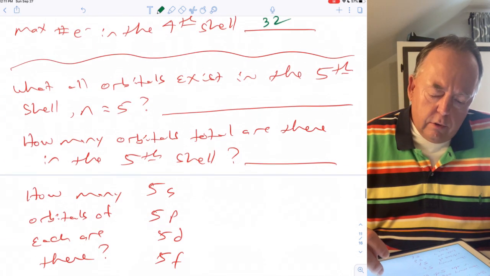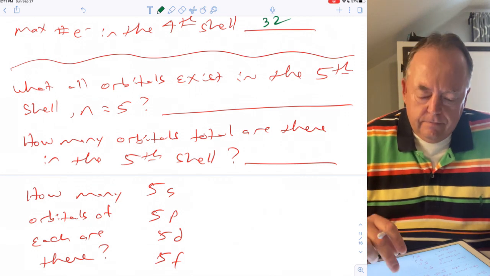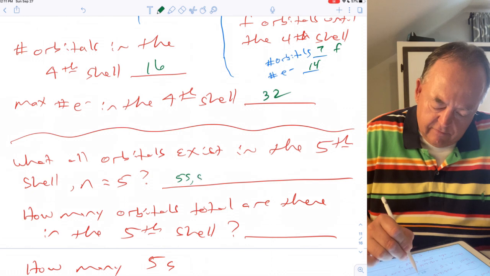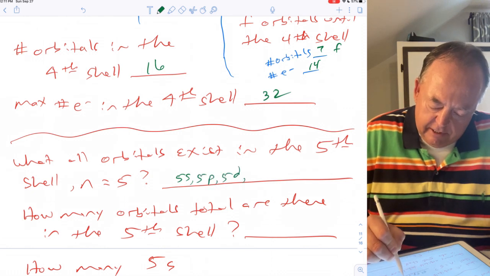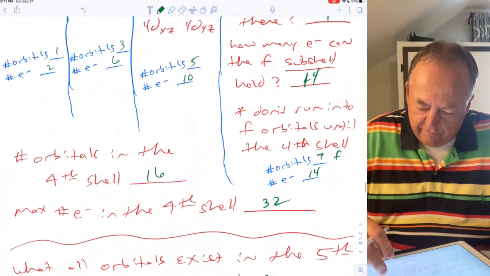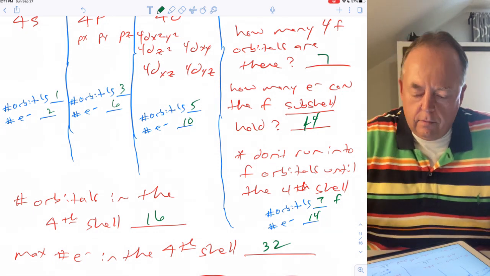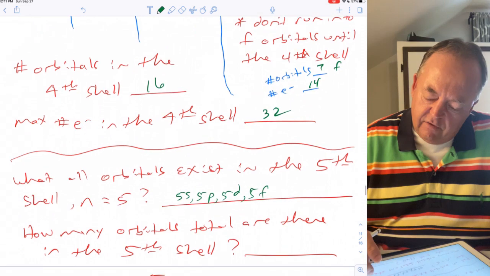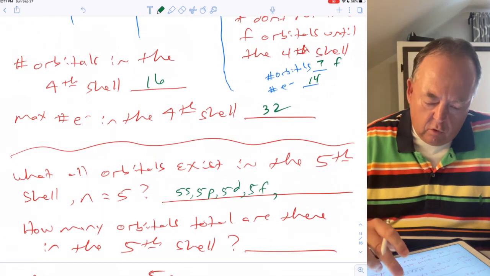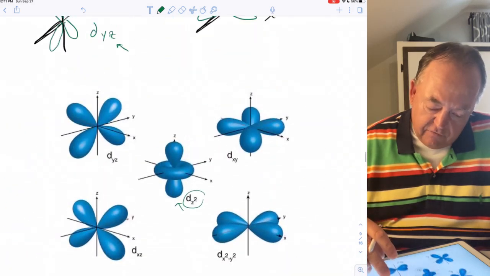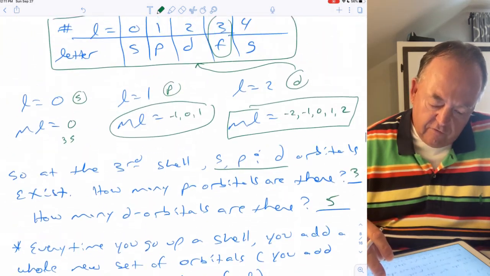So what all orbitals exist at the fifth shell? Well, you have 5s, 5p, 5d, 5f, right? So f orbitals exist starting at the fourth shell, and then every shell after that will have f orbitals. And then if we go to the fifth shell, there must be a new kind of orbital, right? Because if n is 5, then L could go all the way up to 4.